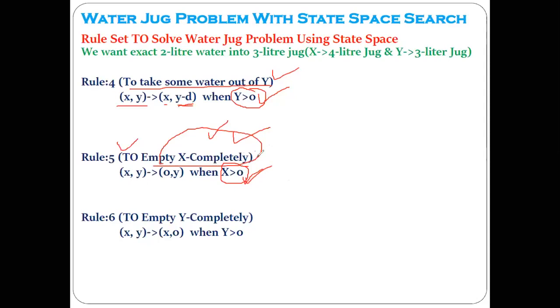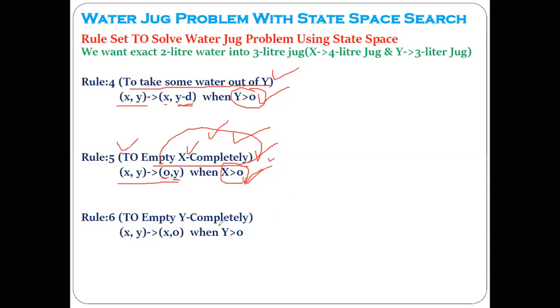You have to empty the X completely. So the rule is simple: X comma Y implies 0 comma Y, when X is greater than 0. Correct? Yes, sir.